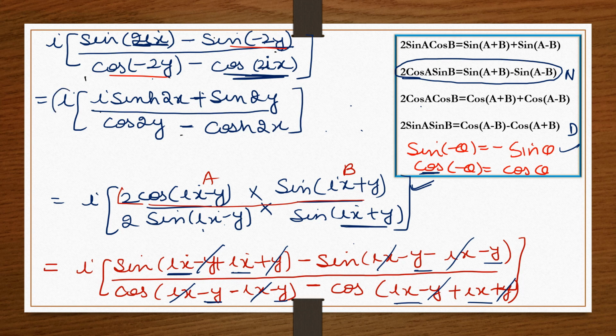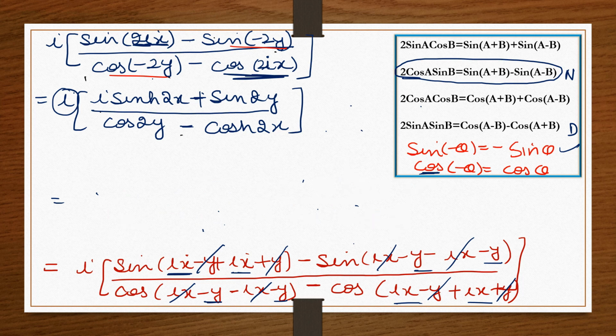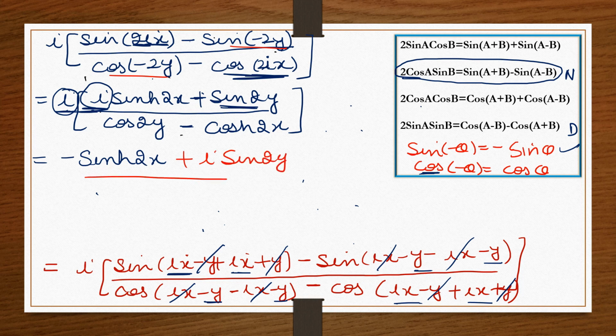Now take this ι inside and check what you get. If I take the ι inside, this will be ι squared, so this will be negative: minus sinh 2x. And take this ι now with this term, so you'll get plus ι sin 2y, and in the denominator you'll get the same thing, right?